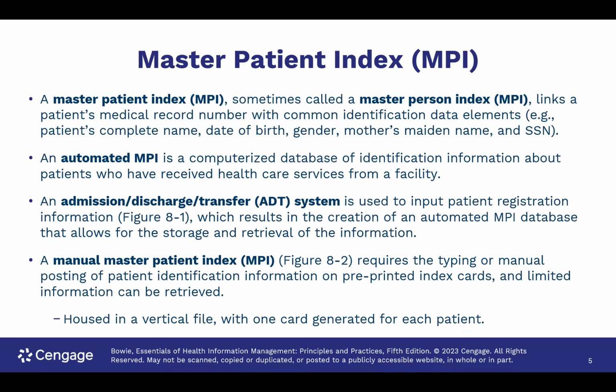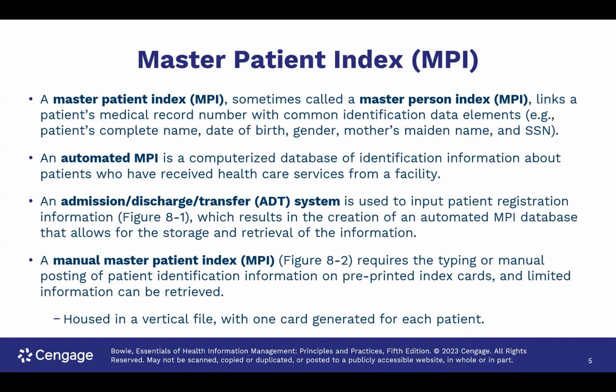An admission discharge transfer, commonly referred to as an ADT system, is used to input patient registration information. This results in the creation of an automated MPI database that allows for the storage and retrieval of information involving any patient that was admitted, discharged, or transferred from the facility.